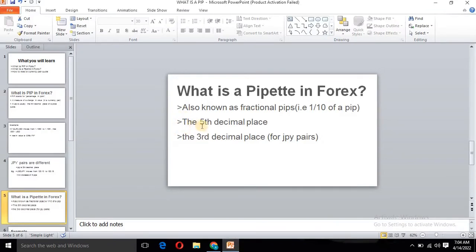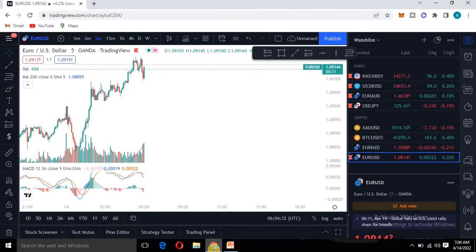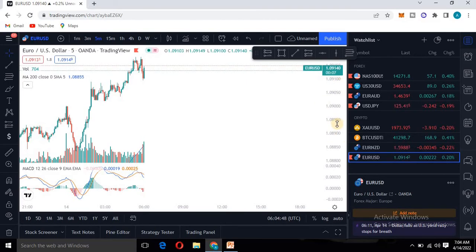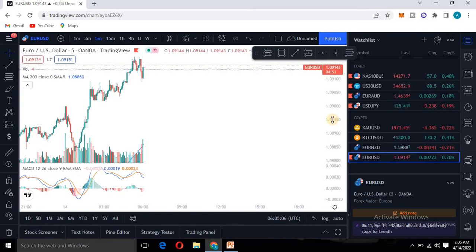Pipette, right? The fifth decimal place is what is called pipette. The third decimal place is for JPY pairs. Remember, JPY pairs have 3 decimal places, while Euro USD has 5 decimal places. The best way to understand is that for any pair that has 5 decimal places, consider the fifth one as pipette, while the fourth one, the 4th decimal place, is the pip.